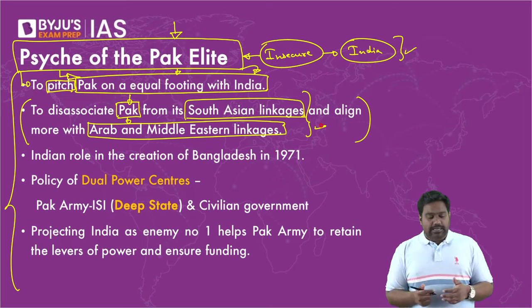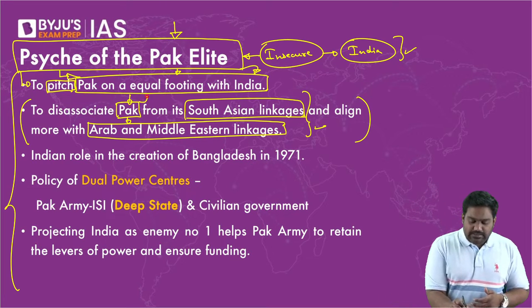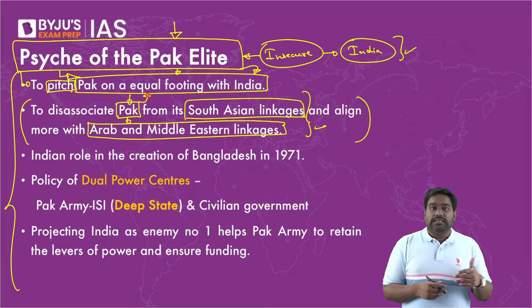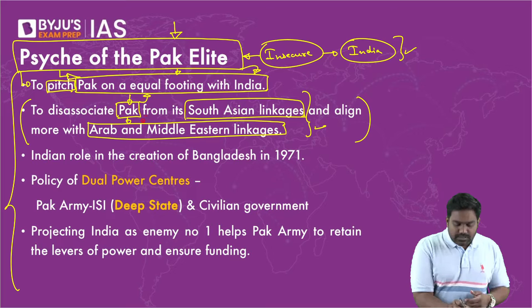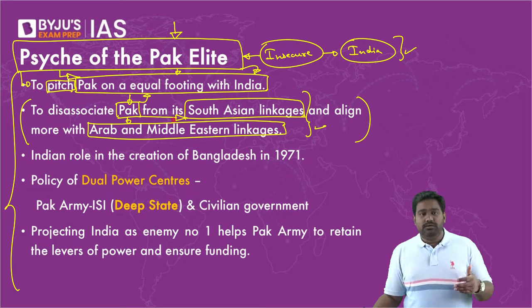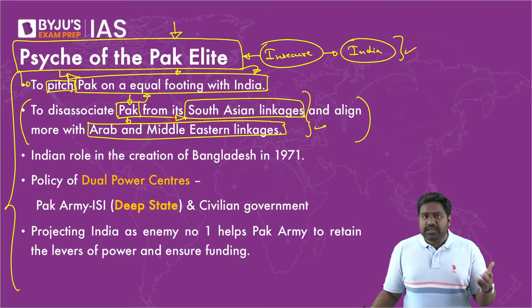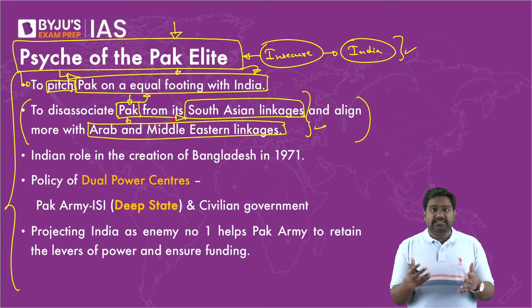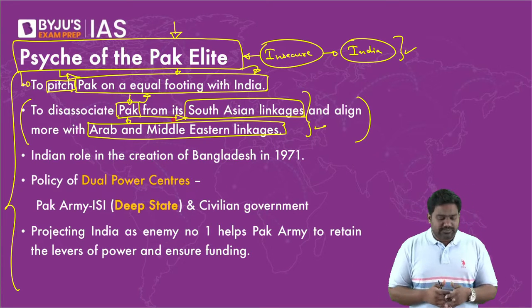This shows that, in a way, Pakistan is embarrassed to be associated with South Asia. It doesn't align with the civilizational values attached with the Indian civilization, right? But it's very ironic and it's very unfortunate because the very roots of Indian civilization, which starts somewhere around the Indus Valley civilization and the Harappan civilization, right?